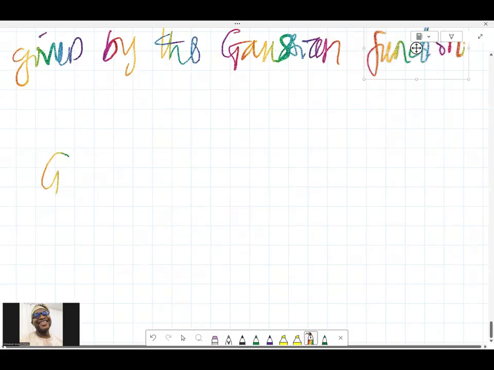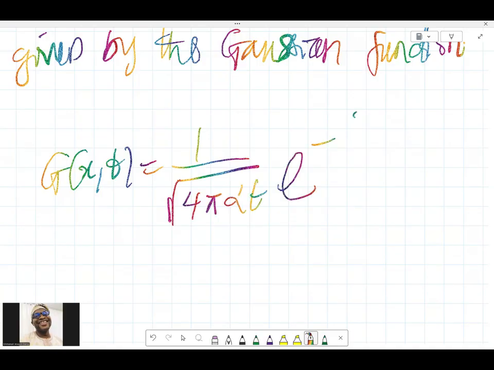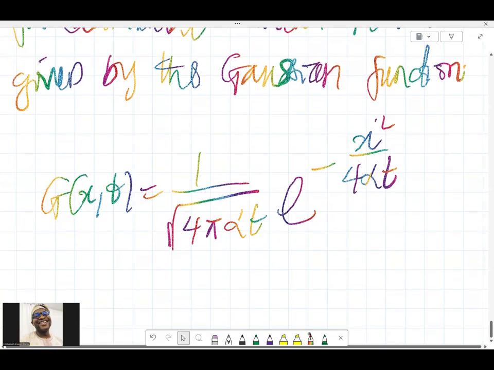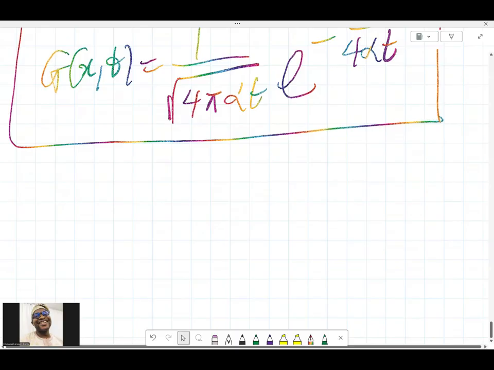That is g of x comma t equals 1 over square root of 4 pi alpha t, then e raised to power minus x squared all over 4 alpha t. I mean, it looks very close to what we have for the normal distribution.